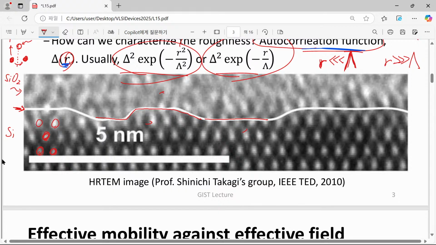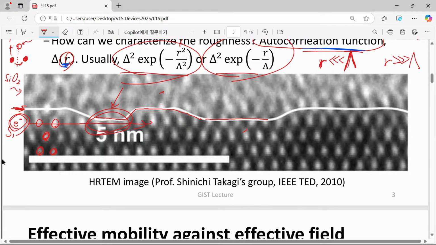From the viewpoint of one electron, for example, if you have an electron located here and it tries to move in that way, what will happen? It feels that this interface is changing, and it really affects the movement of our electron located near the silicon dioxide interface.